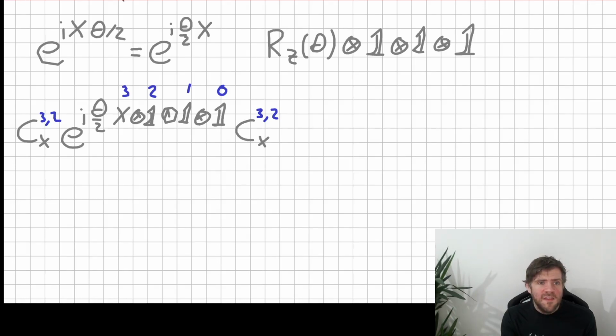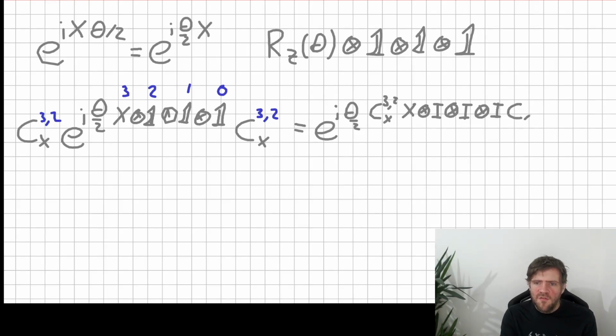So we can take this and we can write it out again, but this time moving the controlled NOTs up into the exponent. So we get e to the i theta over 2, and then the CX 3,2, and then this X tensor I tensor I tensor I. And here I'm mixing conventions for identities on the same slide.